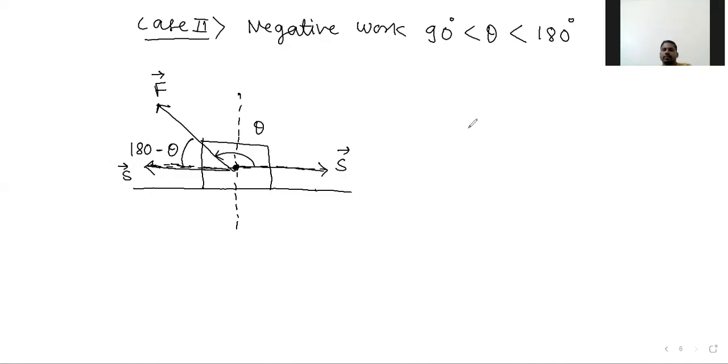According to the work done, it is a product of force, displacement, cosine angle theta. So work is equal to force into displacement and cos of, just pay attention here, cos of 180 minus theta.